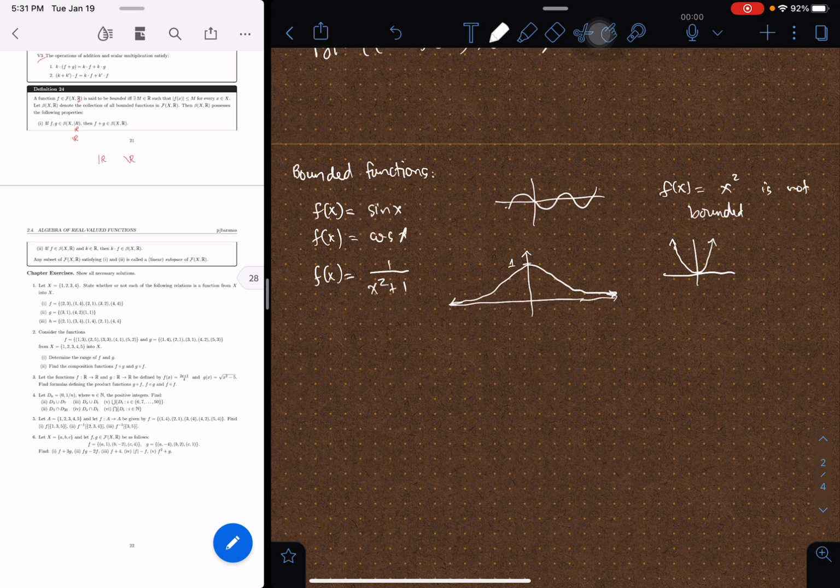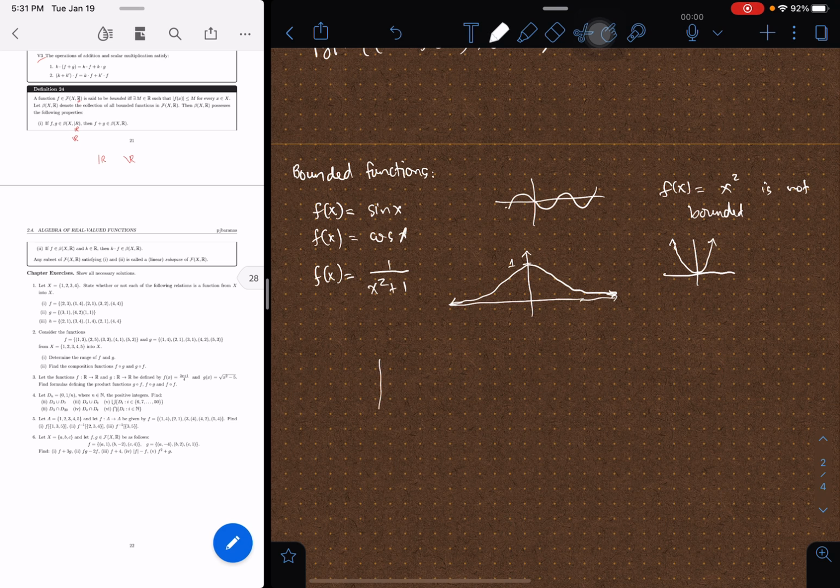You just have to know the graph of the function and check if it is contained in some interval with respect to the vertical axis. If it is not contained in some finite interval with respect to the vertical axis, then it is not a bounded function.